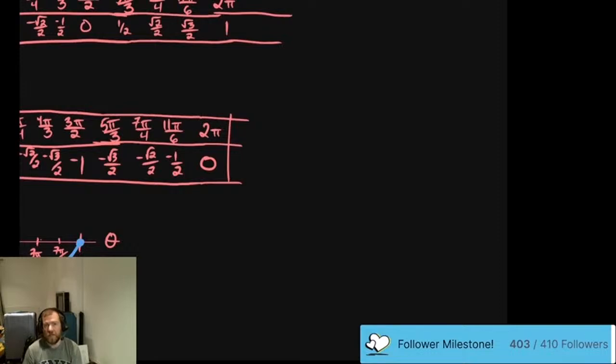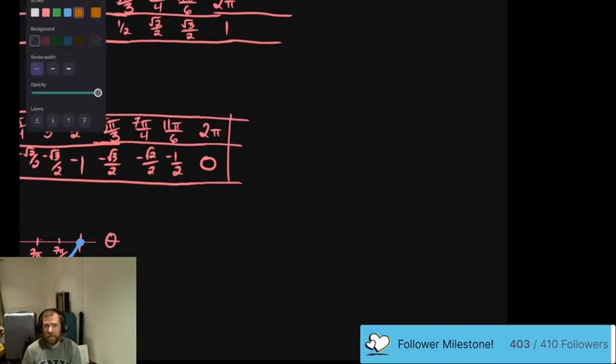Yes, if we went beyond 2 pi, because of course we can, right? 2 pi plus another pi over 6 would get us to 13 pi over 6, which would get us back to root 3 over 2 again on the horizontal value, and positive 1/2 on the vertical value.